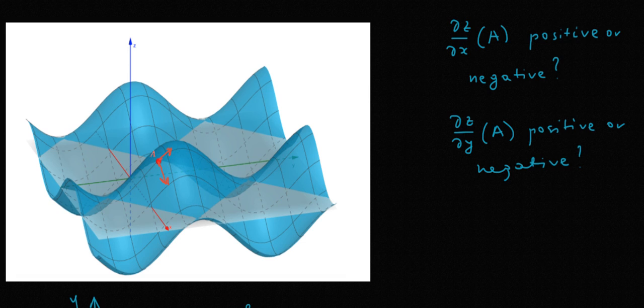And because we're moving upwards, the z values will increase, and therefore the partial derivative of z with respect to y is positive. Let me write down the results. dz dx at the point A is negative, and the partial derivative of z with respect to y at point A is positive.